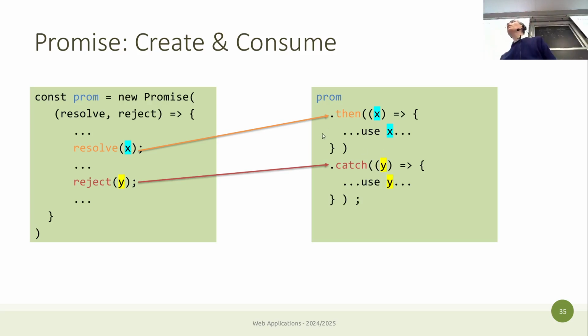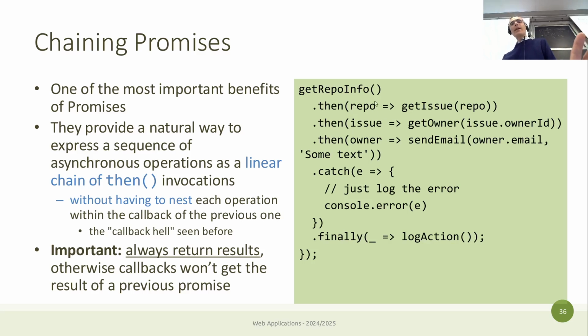And that's the basic way of using the promises. And then, since we don't like writing code like this, even though it's better than before with the nested code, we'll try to simplify things even more.